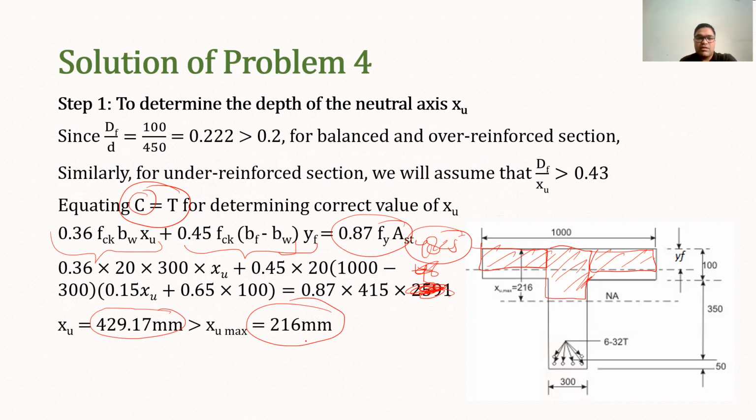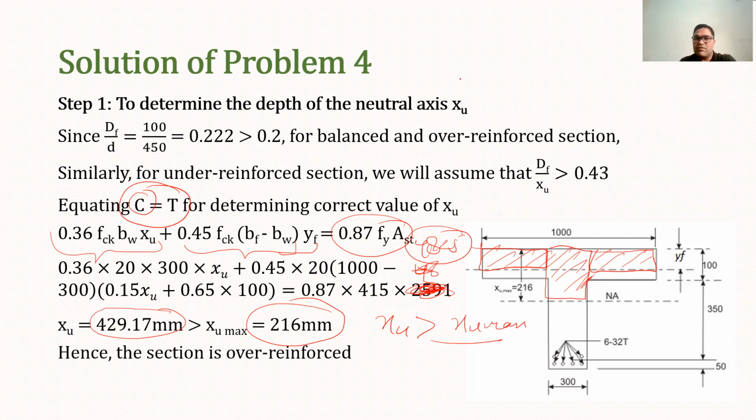What does it mean? When XU is greater than XU max, it means our section becomes an over-reinforced section. As I have discussed earlier, when our section becomes over-reinforced, we restrict the value of XU to XU max, because in any case we cannot afford to have XU more than XU max.